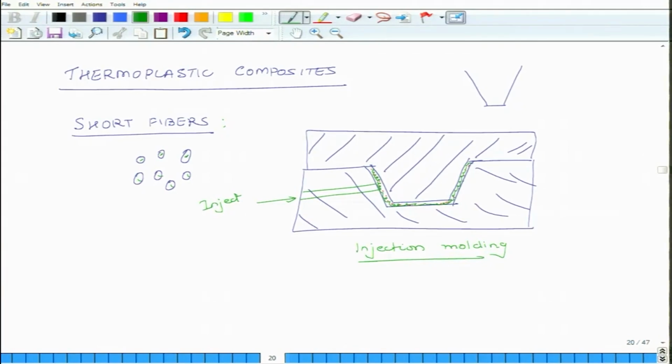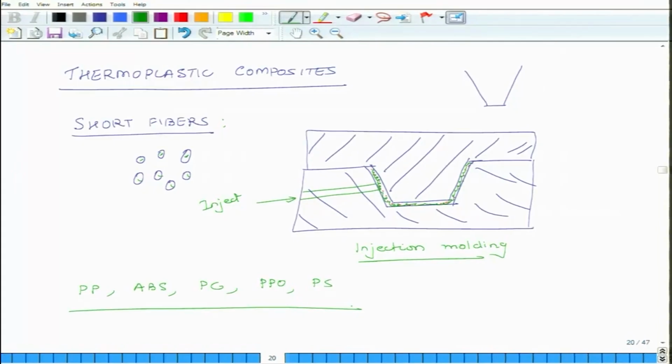And a very large number of regular parts, products, chairs, pipes, all these things, are made from this particular process. This is a very popular process. And common thermoplastics which are used have matrix systems made up of either polypropylene or ABS or polycarbonates or polyphenylene oxides, PPO, or polystyrene, and so on and so forth.